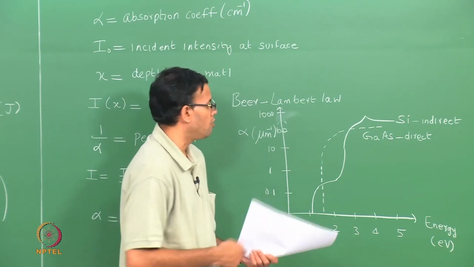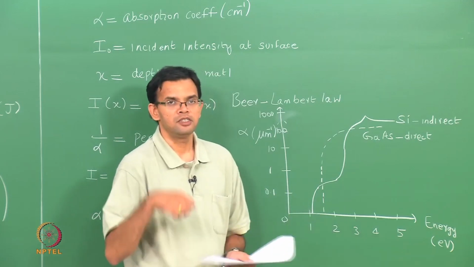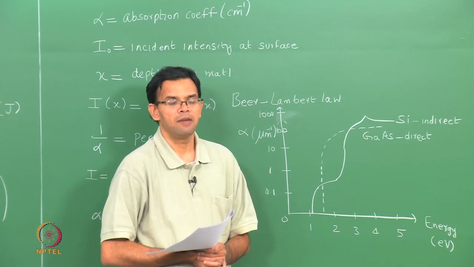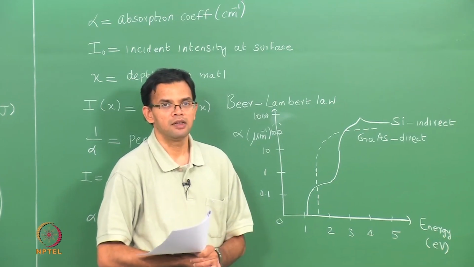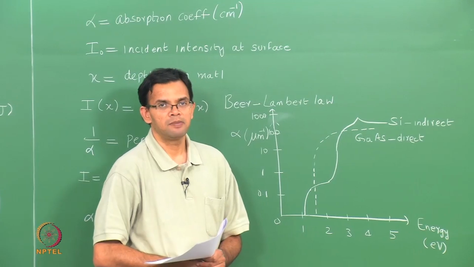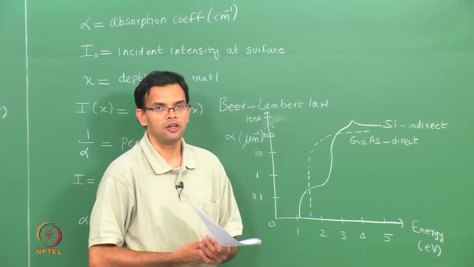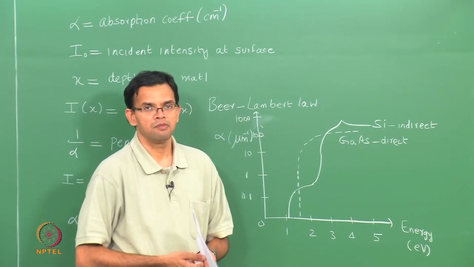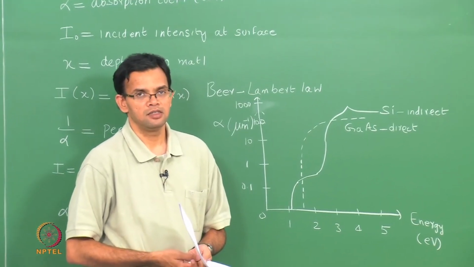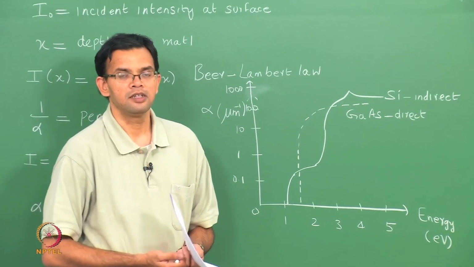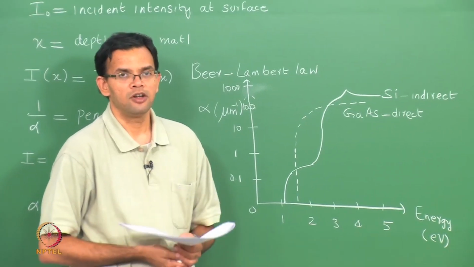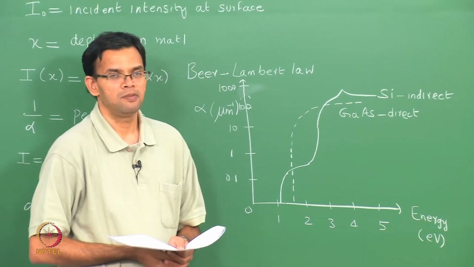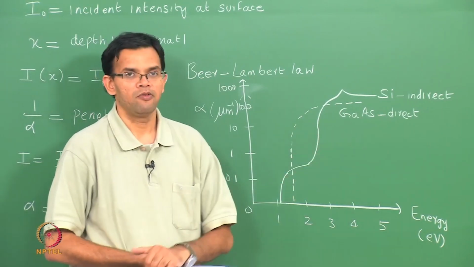So far we have talked about absorption, but once your electron and hole pairs are generated, these are dynamic, so they tend to recombine. In the case of a direct band gap semiconductor, when the electron and hole recombine, the dominant mechanism by which energy is released is in the form of photons or light, so that once the electron and hole recombine, you get light whose wavelength depends upon the band gap of the material.